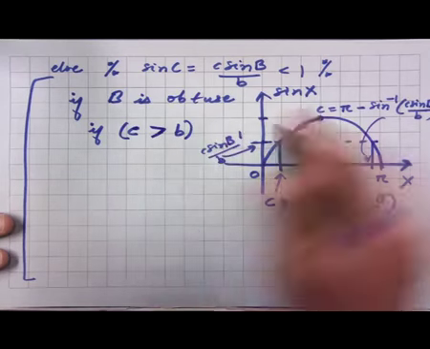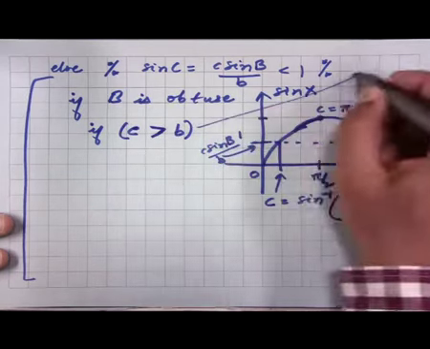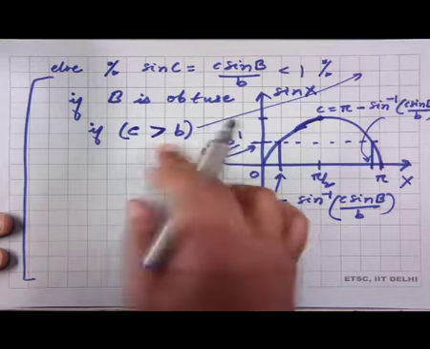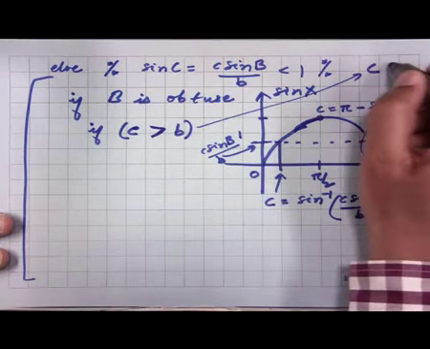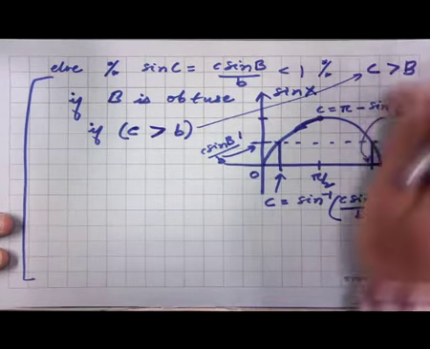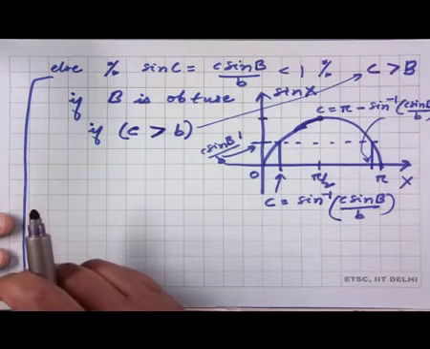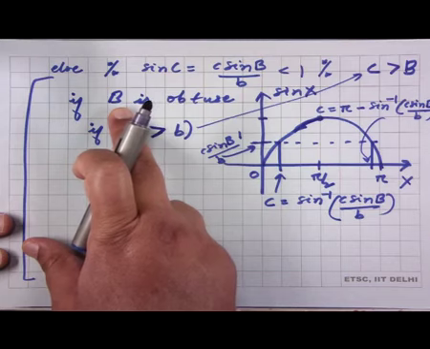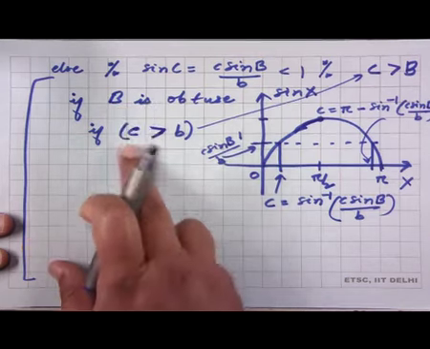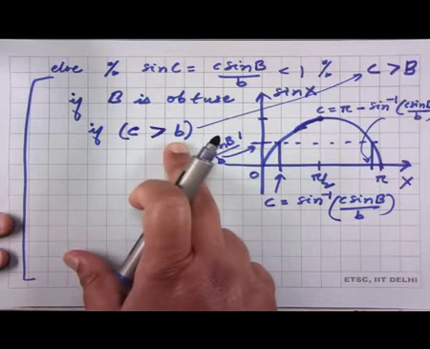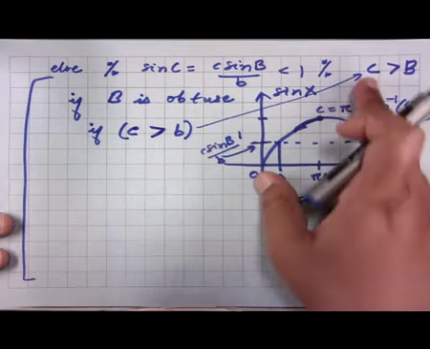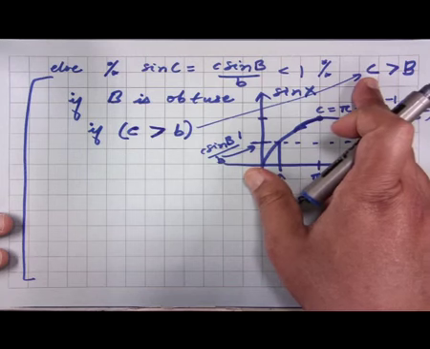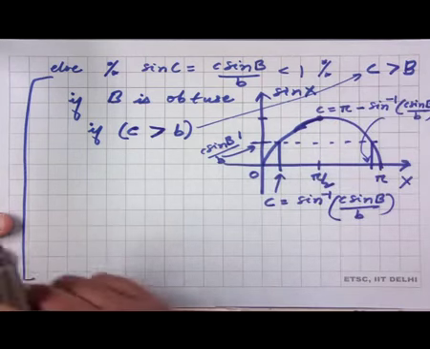So, in this case, it implies that angle C is greater than angle B, but angle B is already obtuse. And if this is the case, then C also has to be obtuse because B is already obtuse.